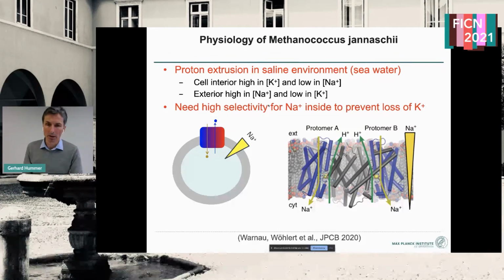So it would seem to make a lot of sense to be selective for sodium on the inside to prevent the loss of any potassium ions. Whereas on the outside, selectivity for sodium is not needed because sodium is, of course, highly abundant anyway, and any chance uptake of potassium would probably be even welcome by the organism.